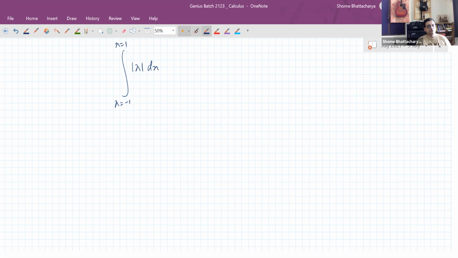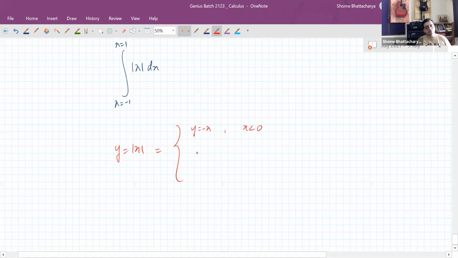We have to understand that what we are doing is calculating the area under a graph, but which graph? Mod x. So y equal to mod x itself is defined in this way, that it is y equal to minus x for x less than 0. It's equal to 0.